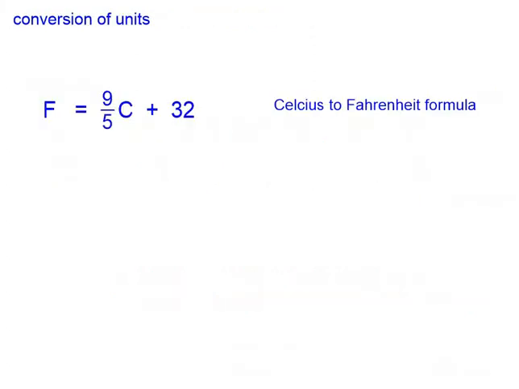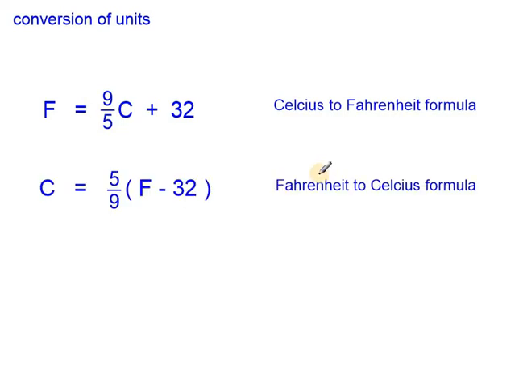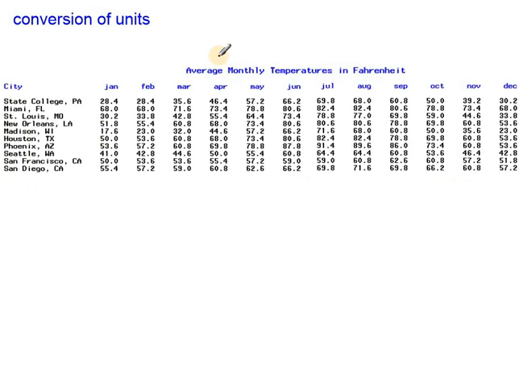Coding can be useful when we convert units. This formula converts temperature from degrees Celsius to degrees Fahrenheit. And this formula gives the conversion from degrees Fahrenheit to degrees Celsius. This table gives the average monthly temperature in Fahrenheit for 10 cities for a year.